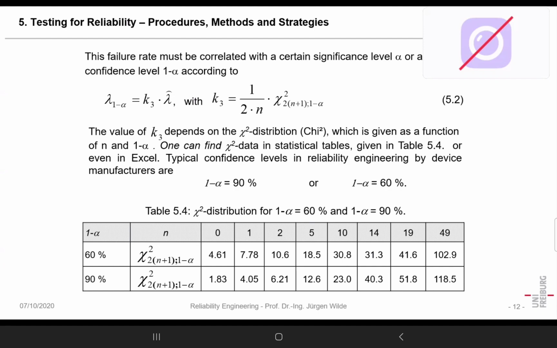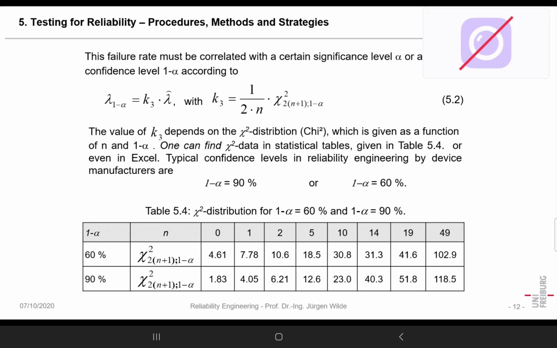And now what you can do is, if you want to give a failure rate with a certain confidence, you must somehow do some mathematical operation on your estimator, yeah? And you can imagine it that way.